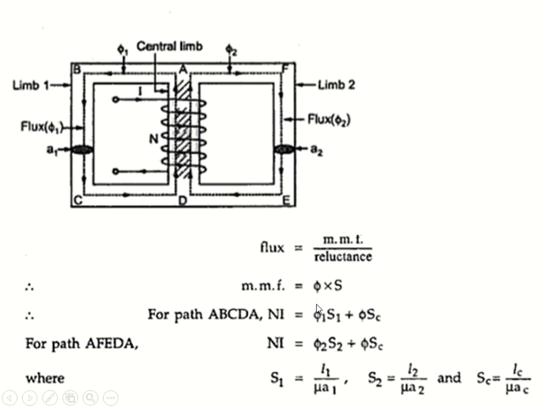If you take the outer path, phi 1 into S1 minus phi 2 into S2 equals 0, that is phi 1 S1 equals phi 2 S2. S is as usual length by mu A, S2 is length by mu A2, but I have to take the corresponding value of area and mu.